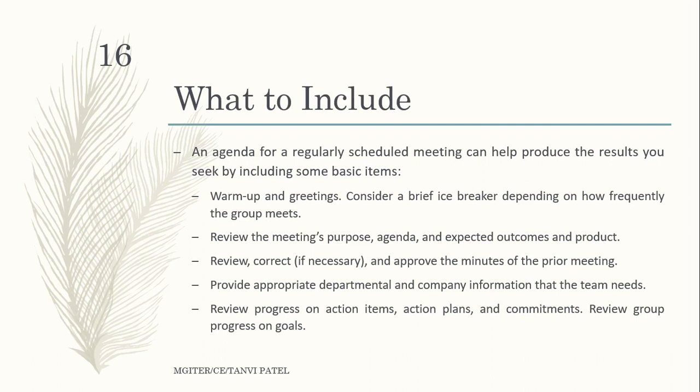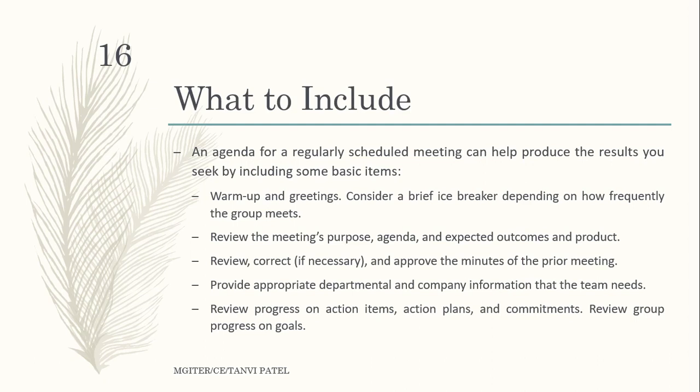Second is review the meeting's purpose, agenda and expected outcome and product. Next is review, correct if necessary and improve the minutes of the prior meeting. Next is provide appropriate departmental and company information that the team needs. Next, review progress on action items, action plans and commitments.